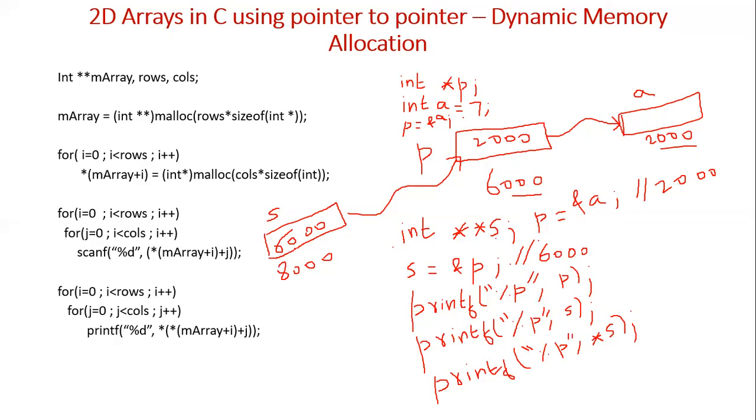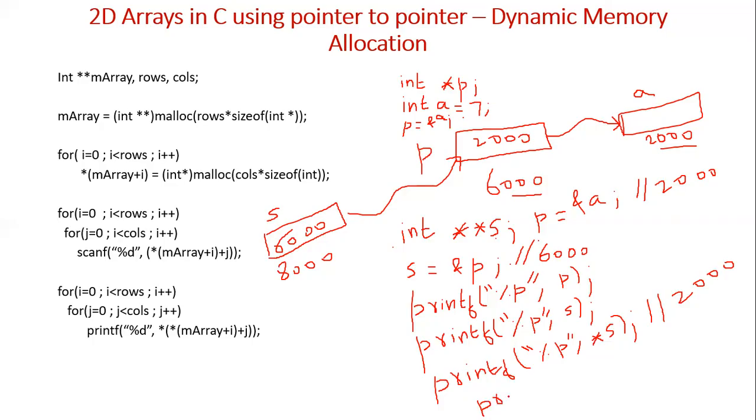What is s? 6000. What is the value at s? The value at 6000 is 2000. So when you say star s, it will display 2000. But still 2000 is an address. It is not an integer, so here I am using percentage p. Okay, right?